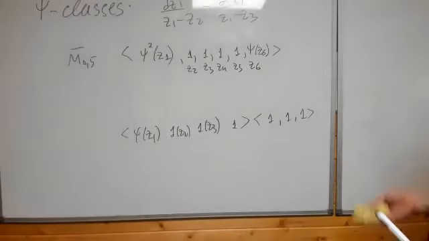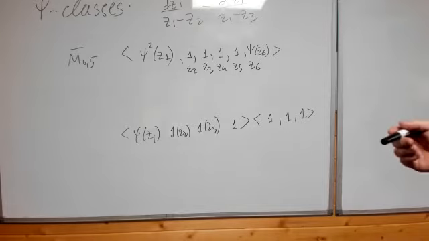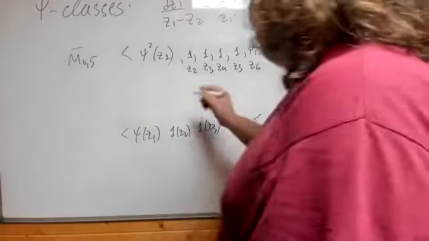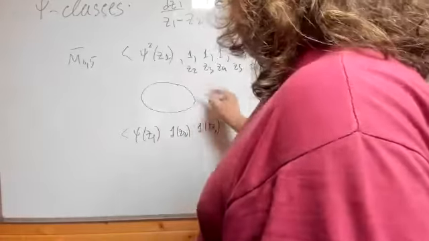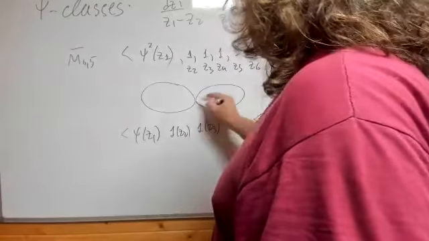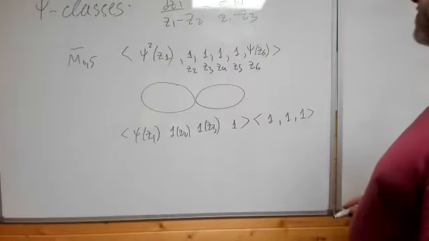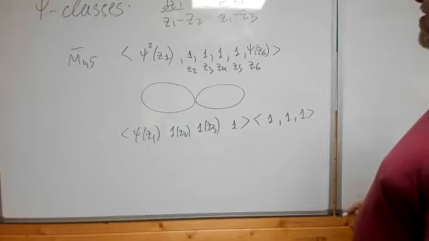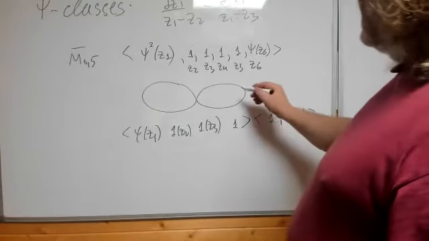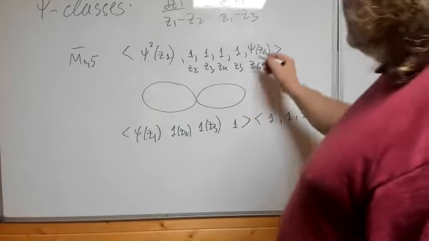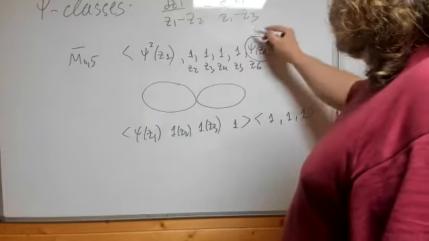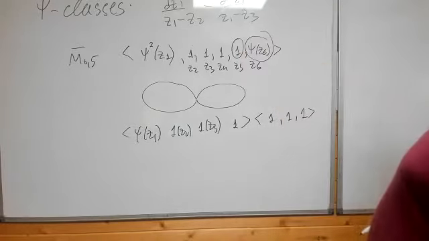Because now, when you degenerate, you will have, say, here and here.